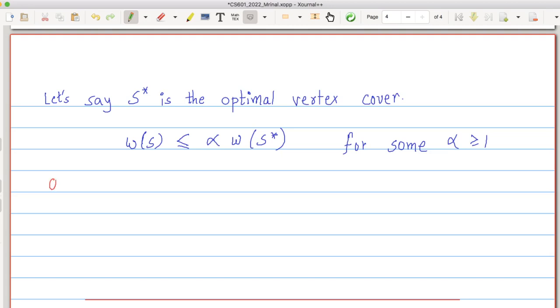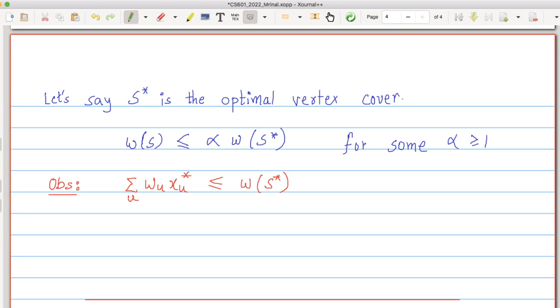Let me write it. The LP optimal value, which is the summation of WU XU star, where X star was the optimal solution, is less than or equal to the weight of the optimal vertex cover S star.